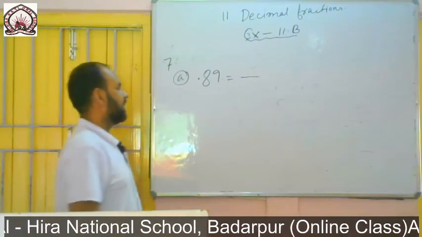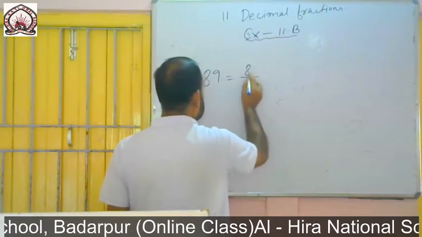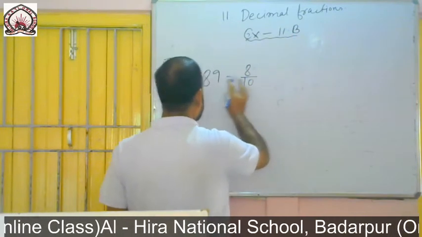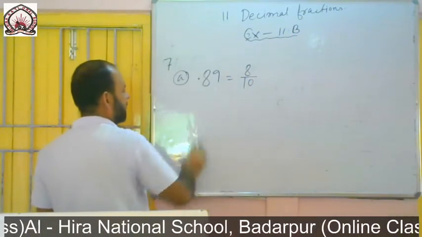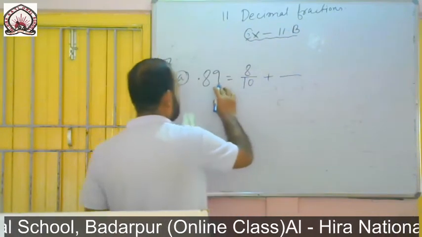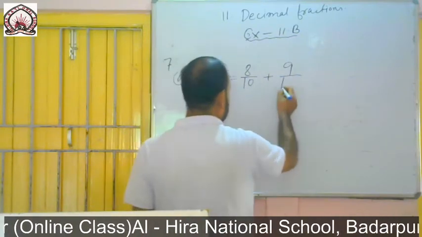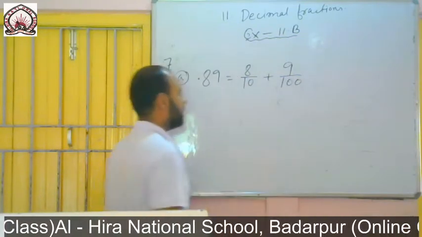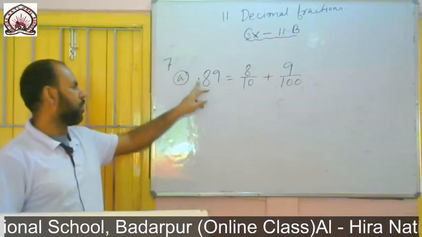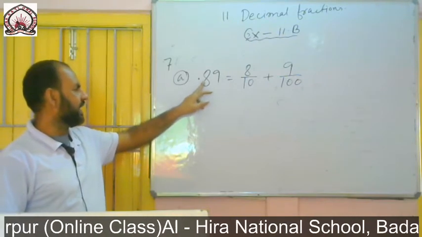Tenths place. The value of this 8 is 8 by 10, plus the value of this 9, in the hundredths place, is 9 by 100. So this is the expanded form of 0.89.